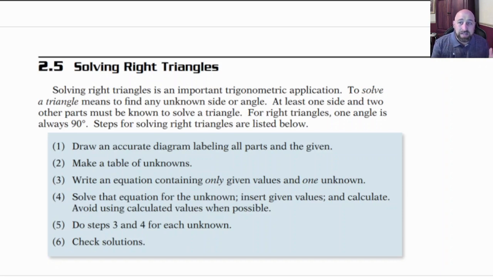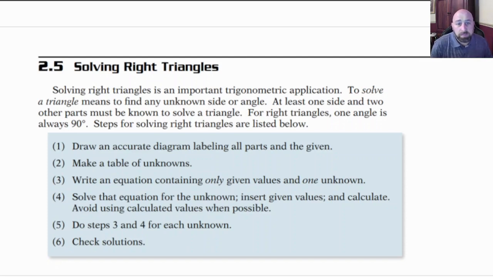Get the triangle down onto the paper. All right, and so that's where we want to start here as well. Get the triangle down onto the piece of paper, label it, make sure that you label the C angle, make sure you label everything else in the places where they go.